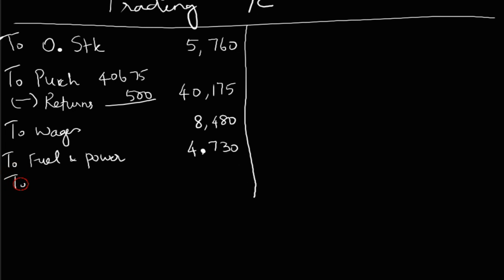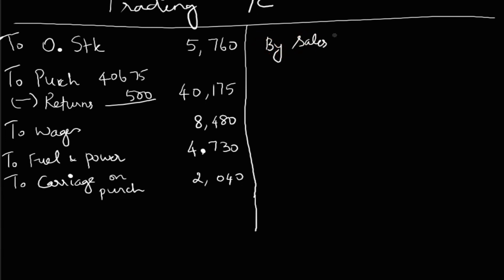Then to carriage, they'll either call it carriage inwards or carriage on purchase. So carriage on purchase 2040. You have sales, you have returns also, so you have to deduct it before posting it.